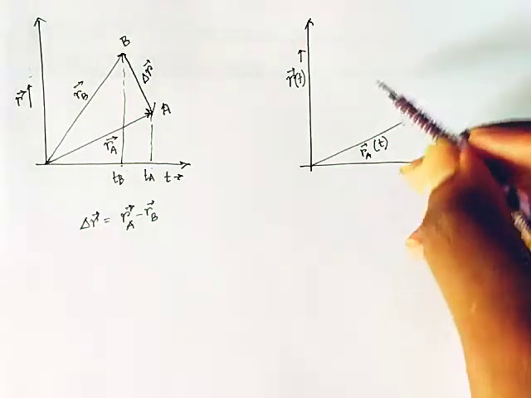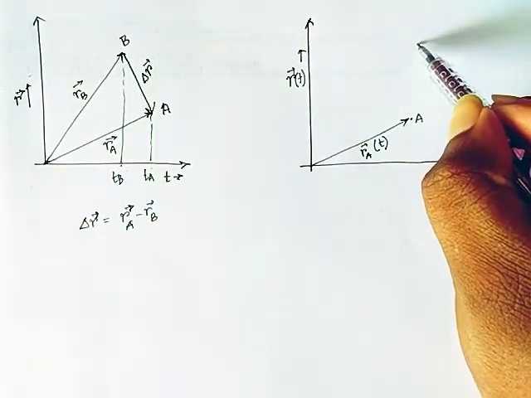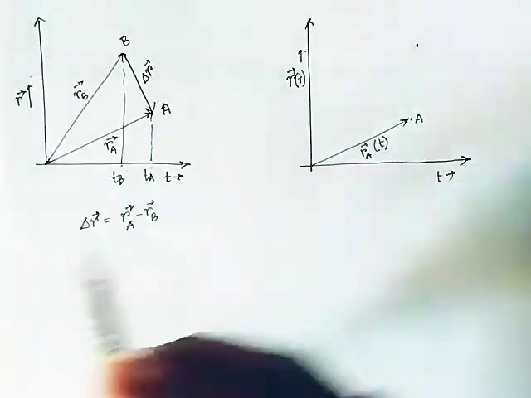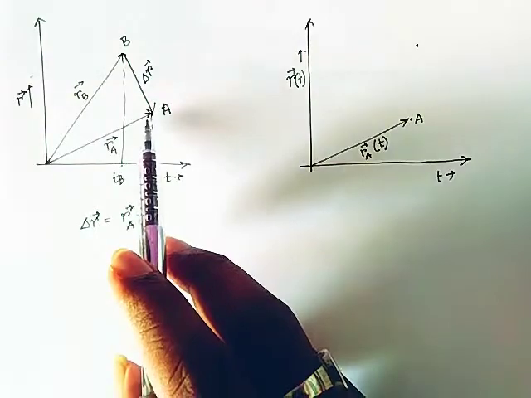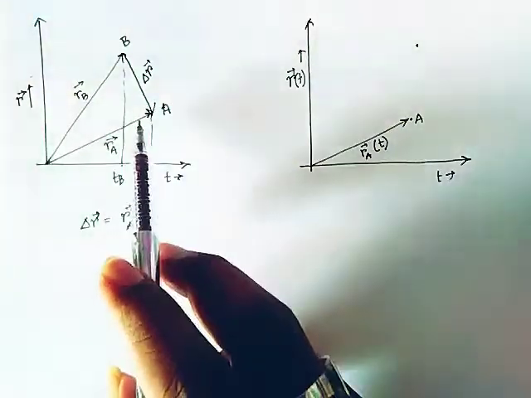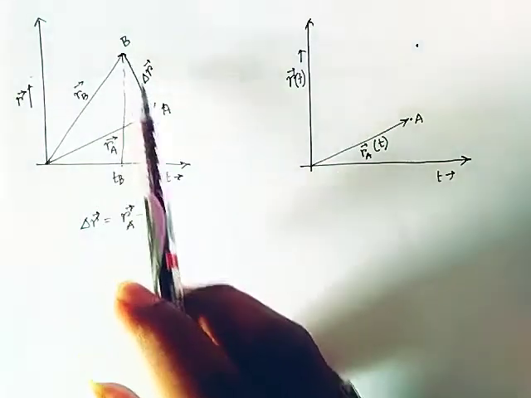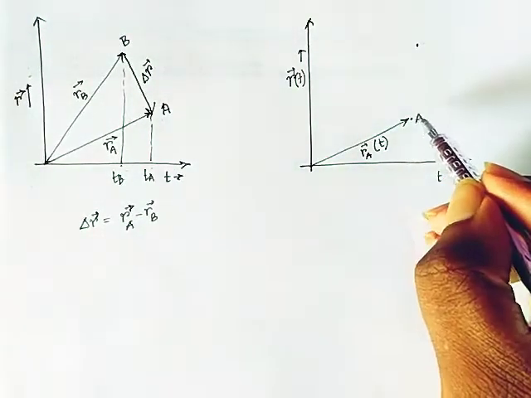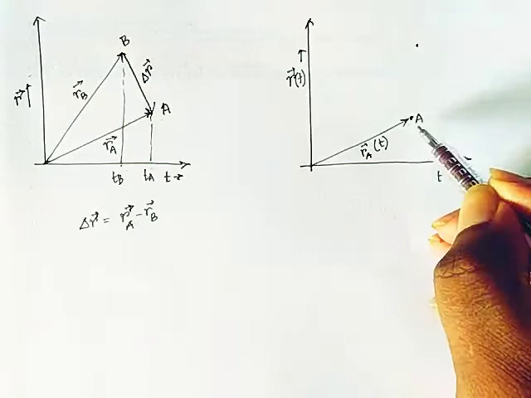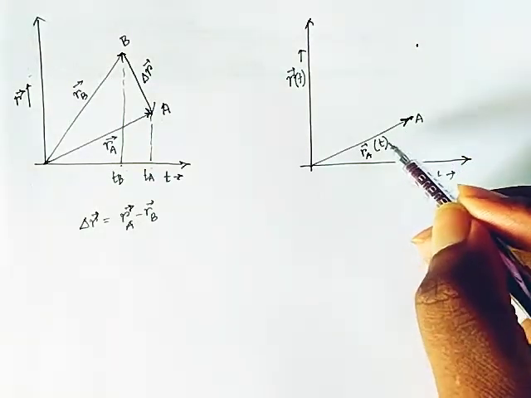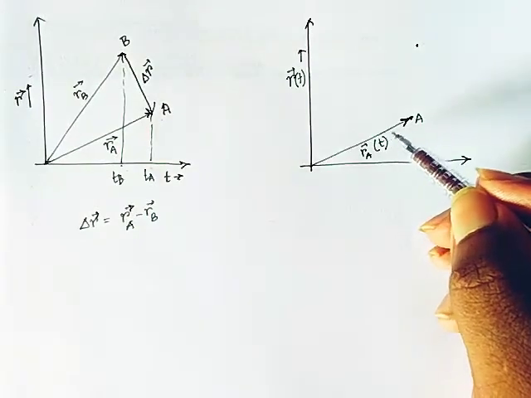And there is another particle, particle B. Earlier I talked about one particle moving from B to A, but here I am talking about two particles. One is particle A, whose position is defined by RA as a function of t, because its position is continuously changing.